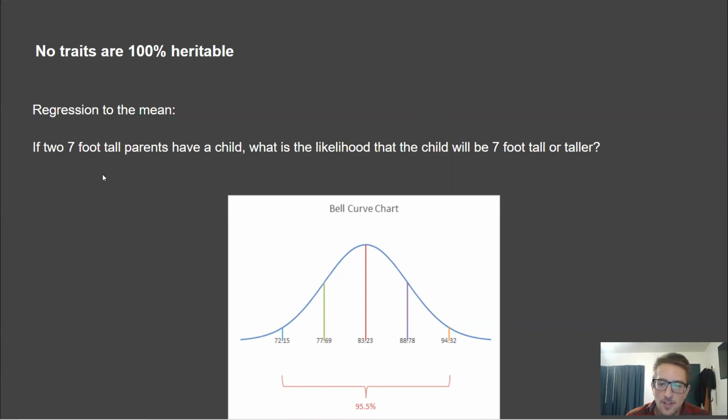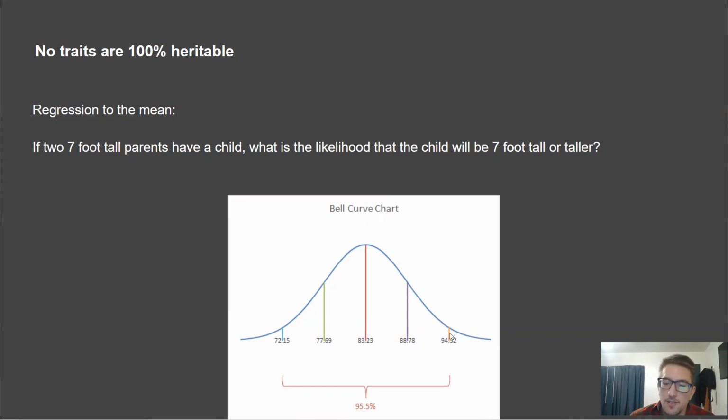And this is what Galton kind of wondered about. If two 7-foot-tall parents had a child, what's the likelihood of that child being 7 foot tall or taller? So say you and your spouse were out here at the 95th percentile for height. The rest of the population is to your left, or shorter. What's the likelihood that your child is going to be taller than you or just as tall?